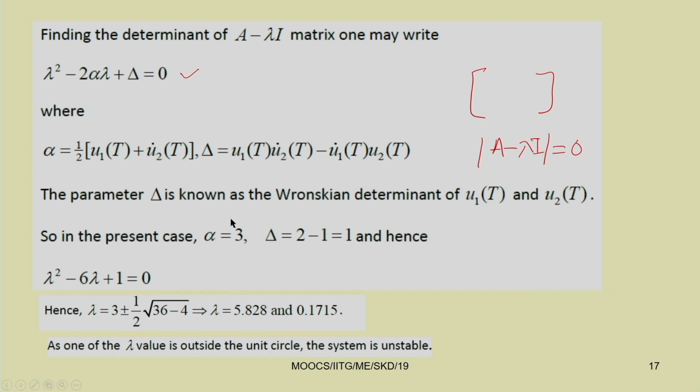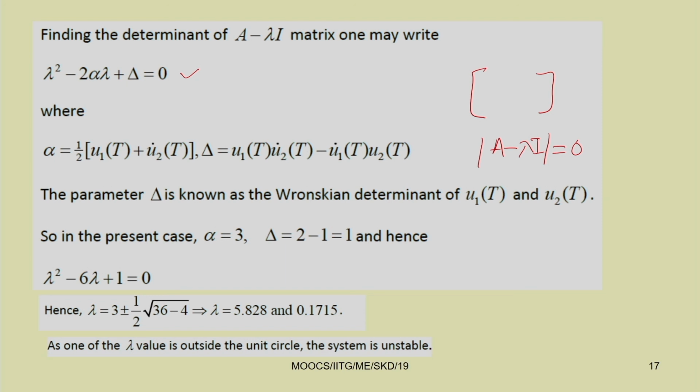Delta is known as the Wronskian determinant of U1 and U2 at t. So, in the present case alpha equal to 3, delta equal to 2 minus 1, that is equal to 1, and hence lambda square minus 6 lambda plus 1 equal to 0. Hence, you can get the 2 values of lambda: lambda equal to 5.828 and 0.1715.